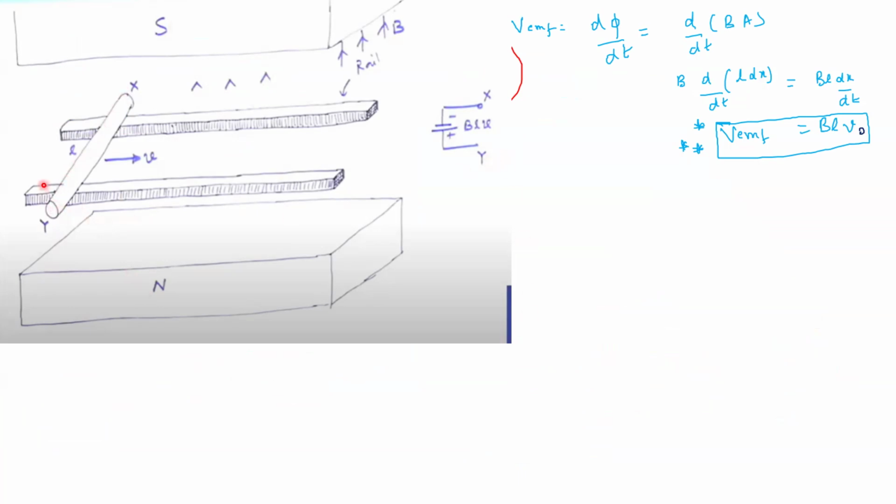He has drawn a current carrying conductor which is placed on two rails. Beneath the rail there is one north pole and above the rail there is a south pole. So there will be a magnetic field, from north to south. This is the direction of the magnetic field.